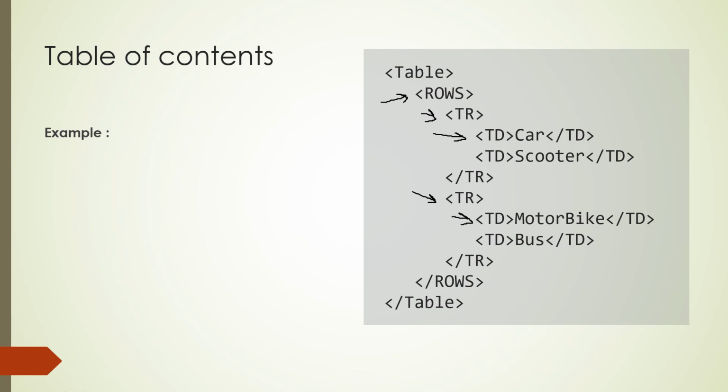This tells us we have a table in which the first row has two columns with car and scooter, and the second row has two columns with motorbike and bus.